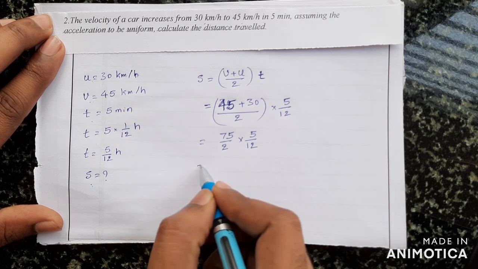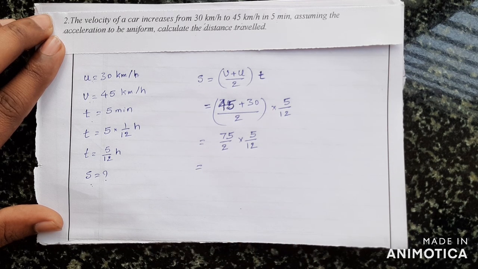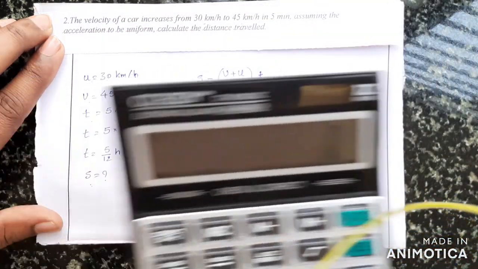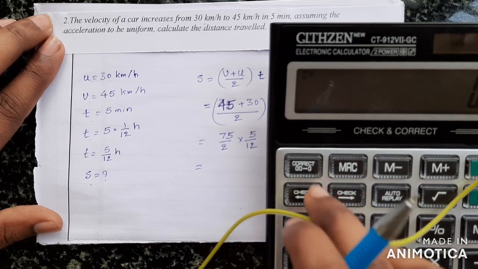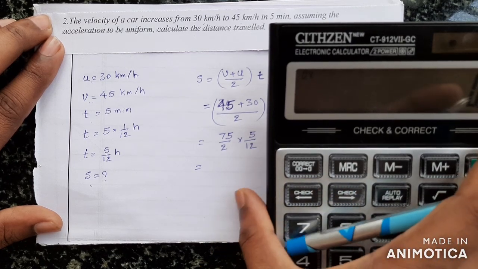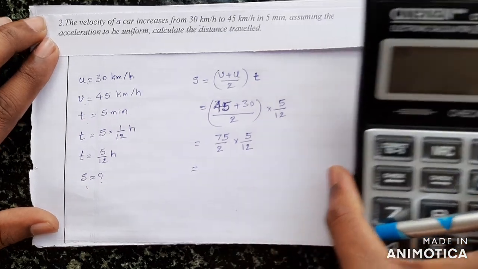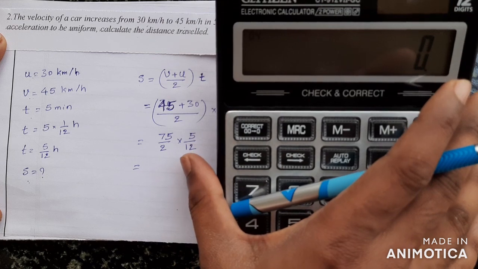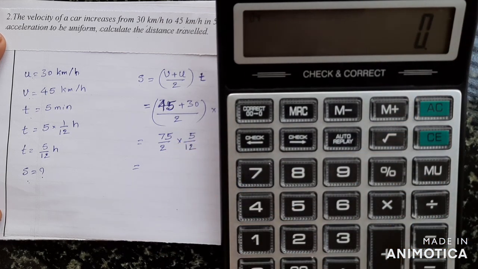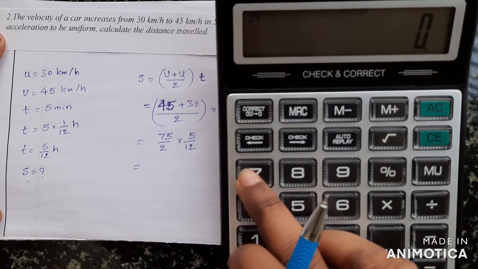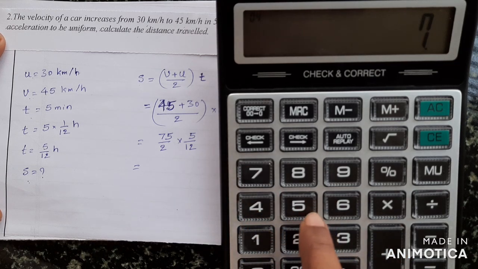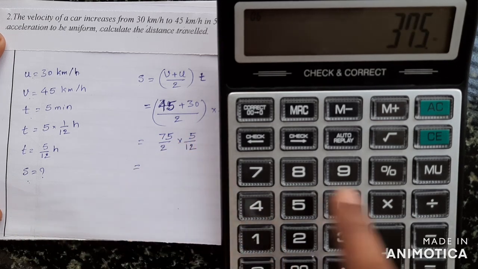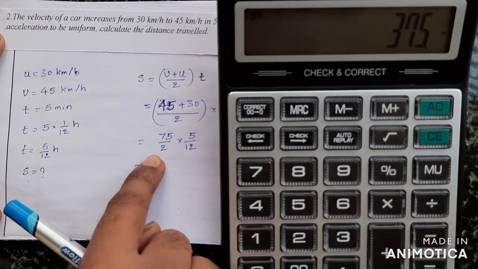Now it's about calculation. Once again we will be in need of a calculator. So it is 75 into 5 by 12 into 2 is 24. Let me calculate it. 75 into 5 is equal to 375, divided by 12 into 2 is 24.